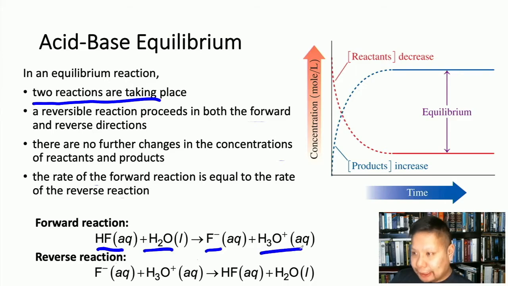That's the forward reaction. The reverse reaction is going the other direction, where fluoride ions combine with the hydronium ion to make back the original hydrogen fluoride and water, and that's the reverse reaction, okay?